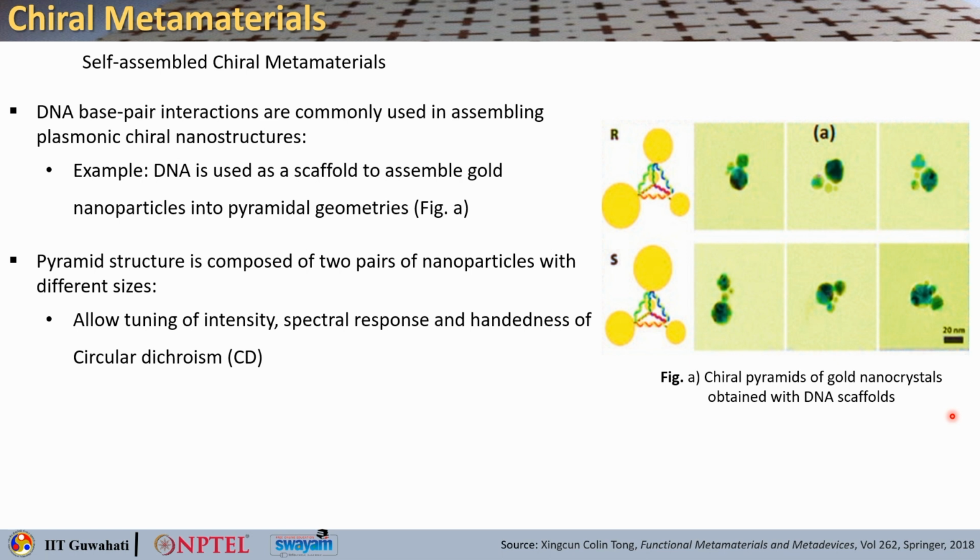So, once again circular dichroism is nothing but a type of absorption spectroscopy that basically measures the difference in the absorption between left handed and right handed circularly polarized light. So, this is typically a feature that is offered by a chiral molecule. So, here the chiral metamolecule, you can say, basically offers this kind of feature.